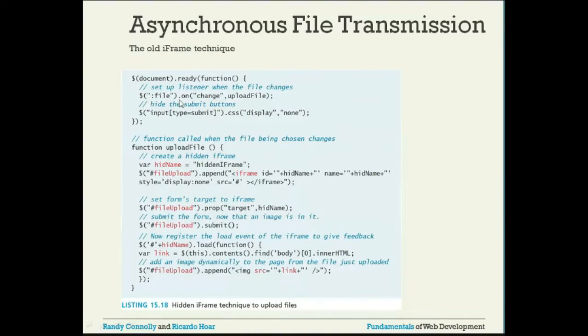If you remember, this is the way we set up a listener. Whenever you use the .on method, you specify the event type. This is change. If there is any change to the file, it will listen to those changes and call the method uploadFile. This is the method that will be called.